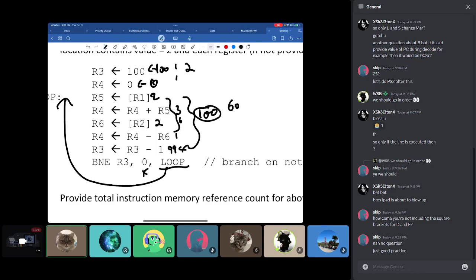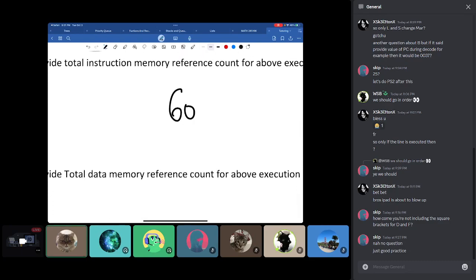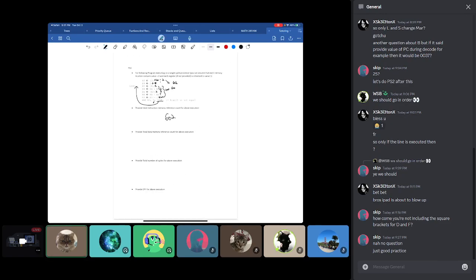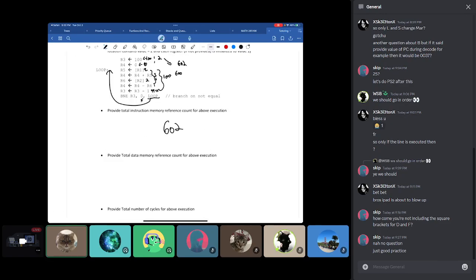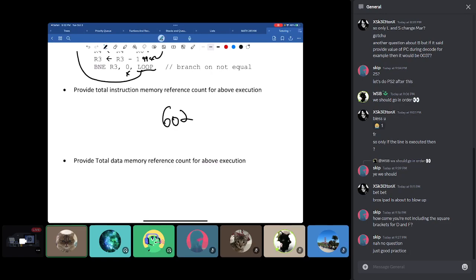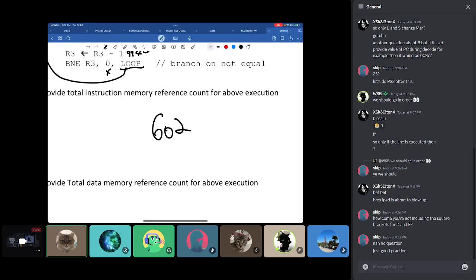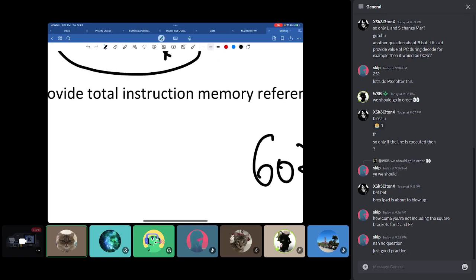So that's 600 plus 2, that's 602. So the answer here would be 602. It's not saying total memory reference count, it's saying total instruction memory reference count, which I believe just means the amount of instructions in our program.